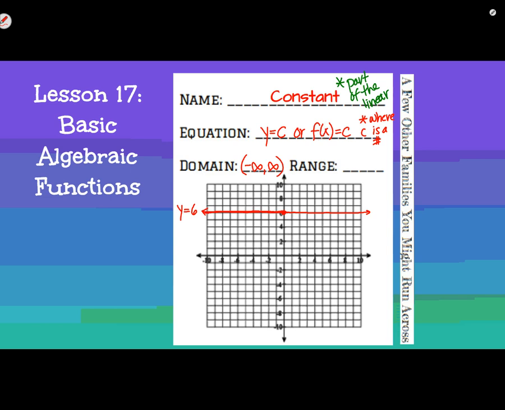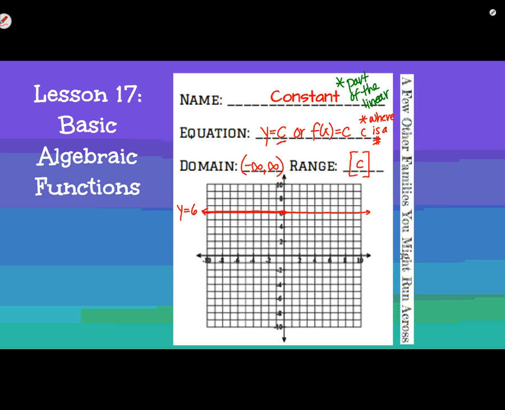But because we do have this c value here, it pretty much changes with whatever value c is. We're going to do our range like this: c, in square brackets.